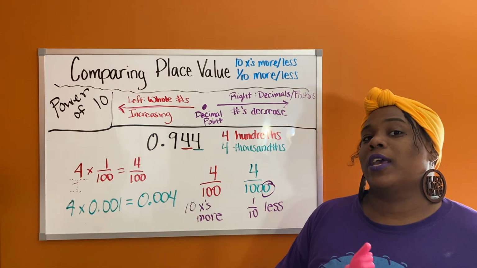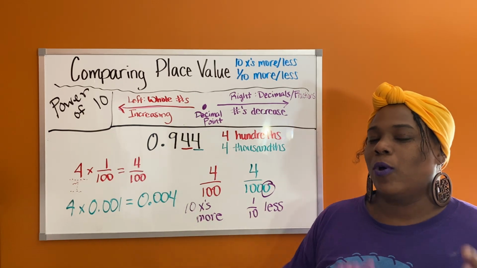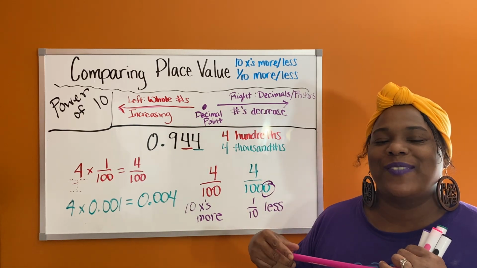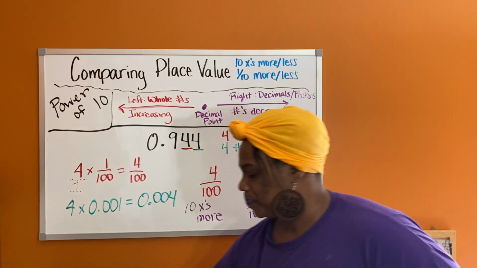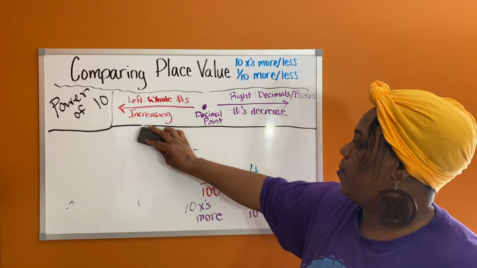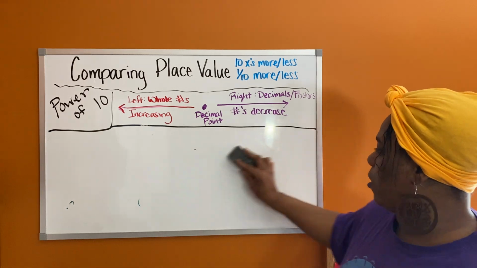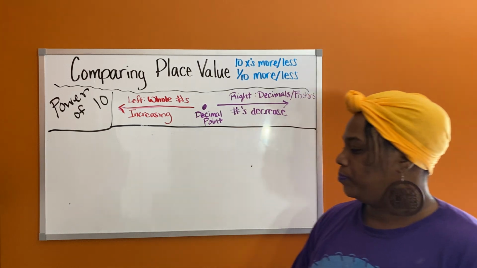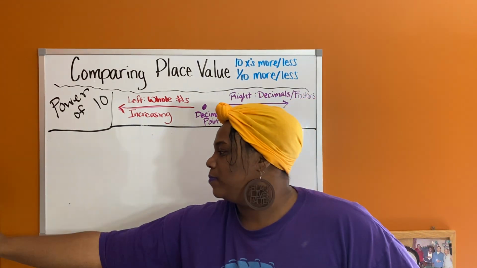And let's take a look at a number that has both whole numbers and some things to the right of its decimal place. And we're going to keep our notes up there, our helpful hints throughout our learning. All right.